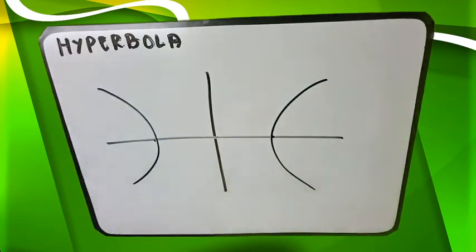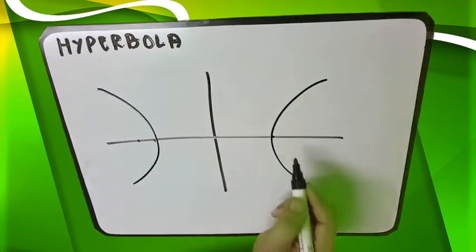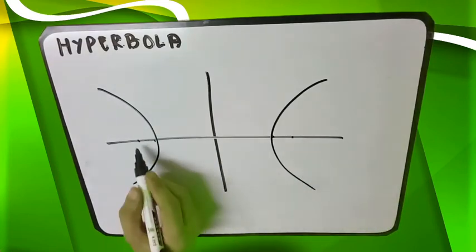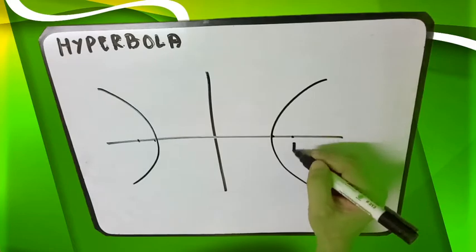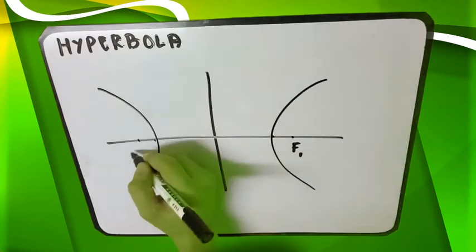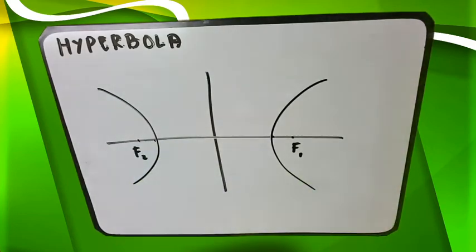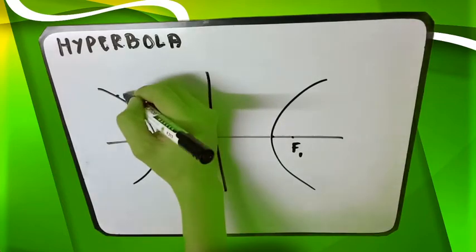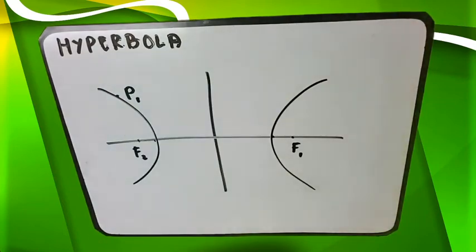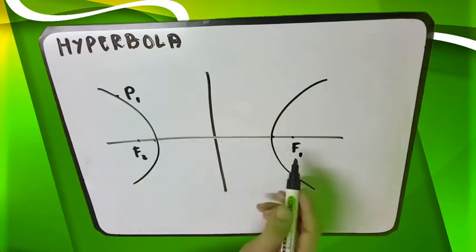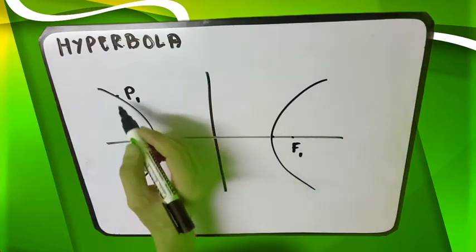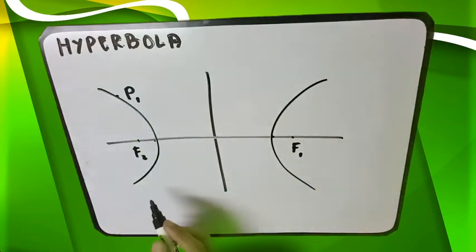halimbawa ayan ang hyperbola. Ito ang foci, focus number 1. So F sub 1, F sub 2. And then ito yung point 1. Halimbawa, ang gagamitin natin ay foci at isang point dito sa hyperbola.